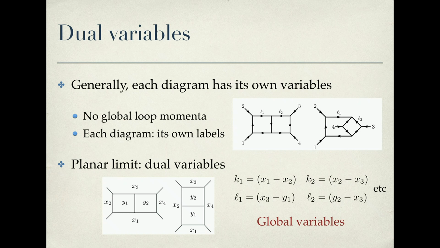Now, there are many nice things about this planar limit, so let me just mention some of them. Generally, if we calculate loop-level amplitudes, we have problems with variables. We can do it using Feynman diagrams or using these unitarity methods. In these unitarity methods, we wouldn't have Feynman diagrams, but we would have integrals like that.